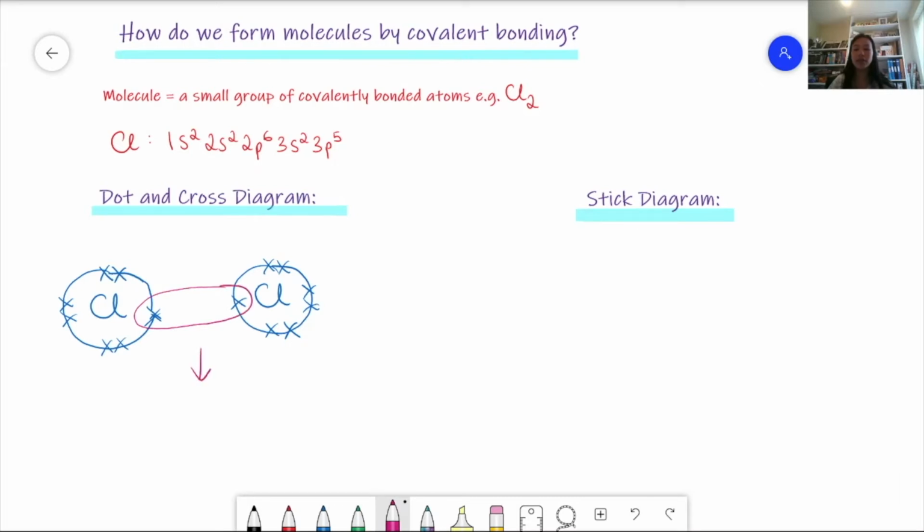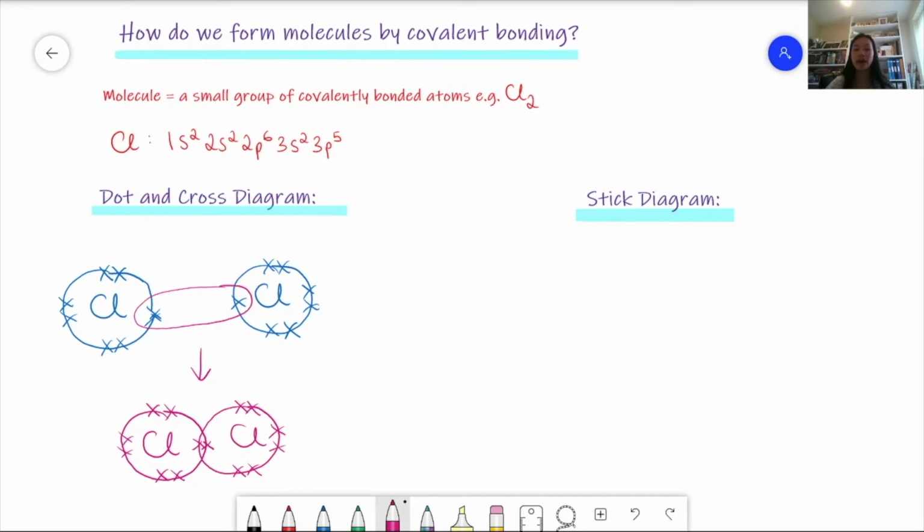So we get chlorine like this, and these 2 are shared, so that becomes a covalent bond.